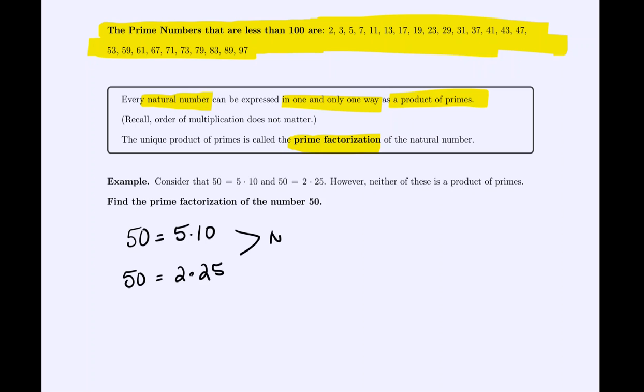But these are not prime factorizations because they're not made up of only prime numbers. For instance, 10 is not prime, 25 is not prime. There is only a single prime factorization of 50, and we can find it through something called a factor tree.